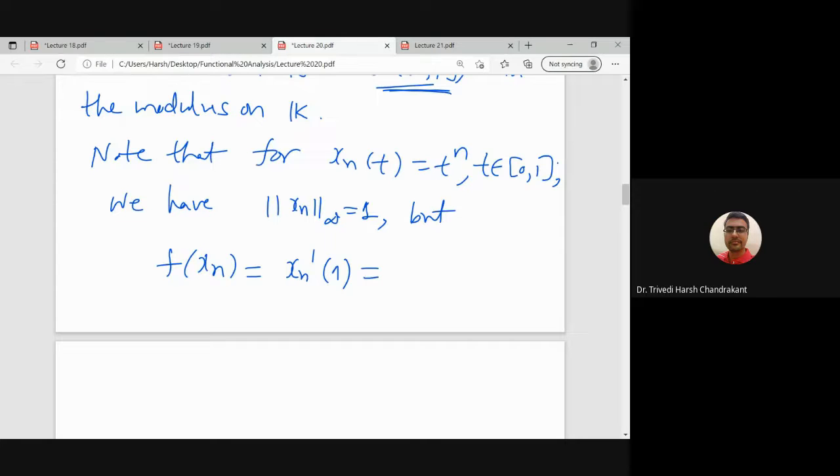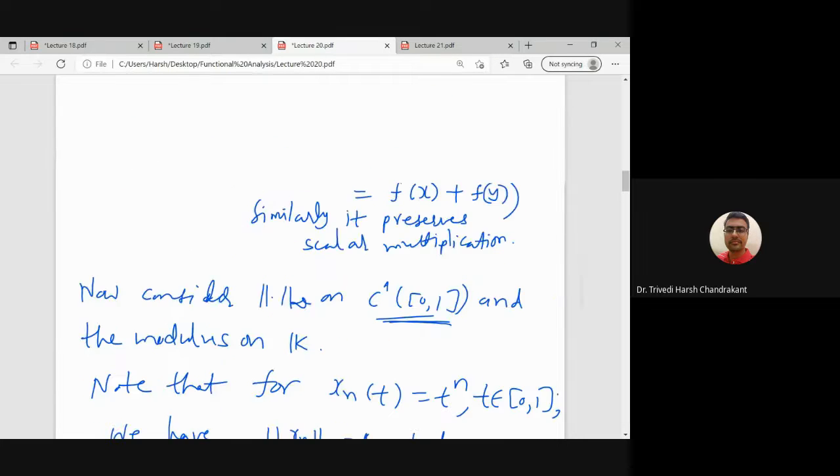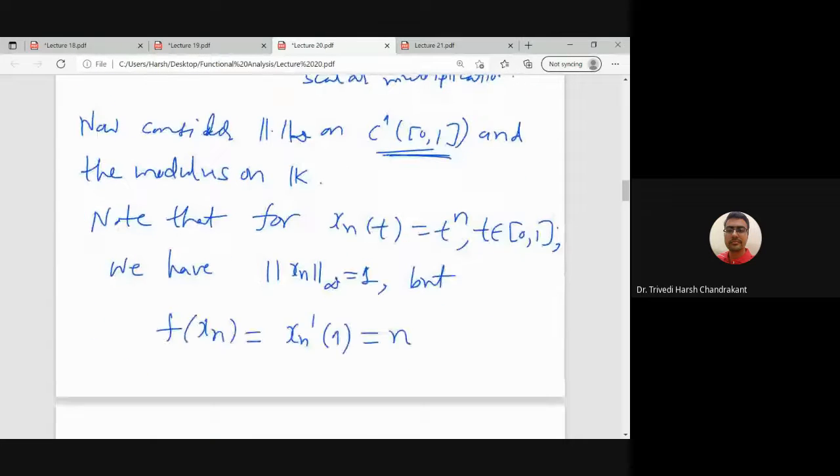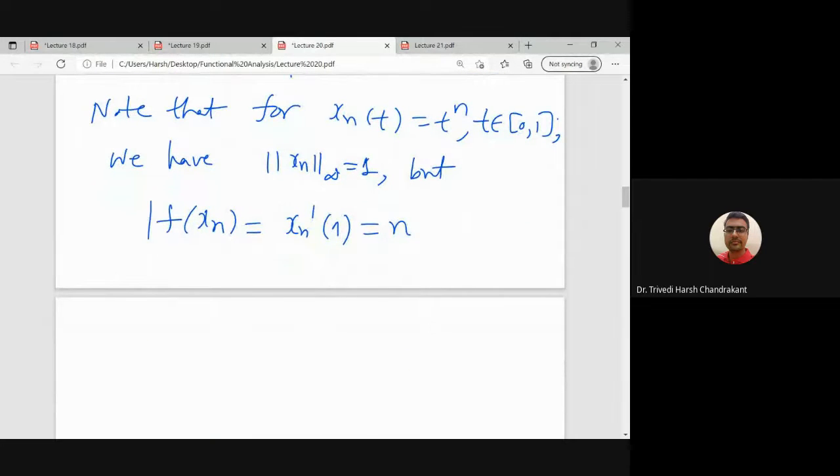When we evaluate it at t equals 1, we get the value n. So f(xn) is n, and f(xn) is an element of the codomain, because we applied the function f. The codomain of the function is K, that means scalars, so on scalars we have the modulus norm. That means the norm is the modulus, and that is again n for all n belonging to the natural numbers.